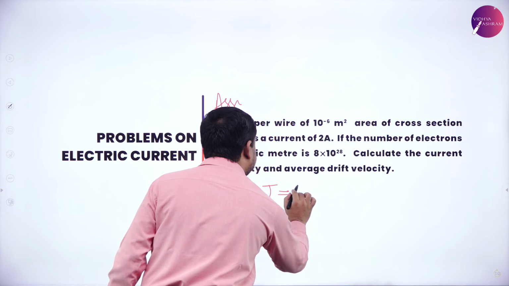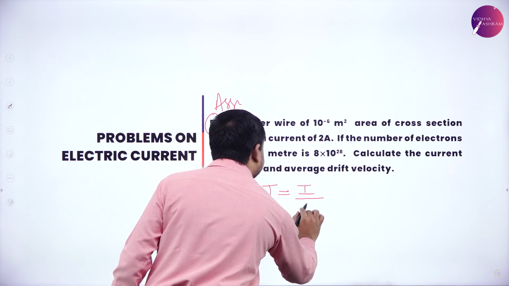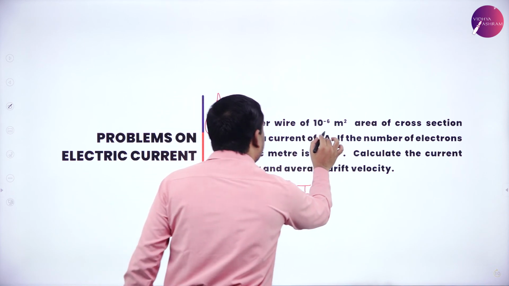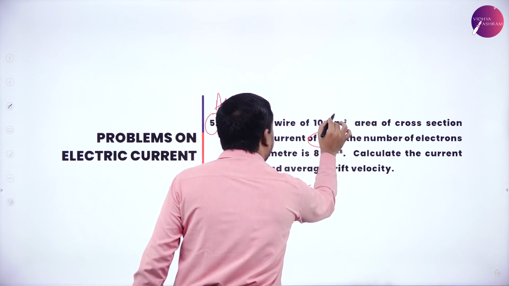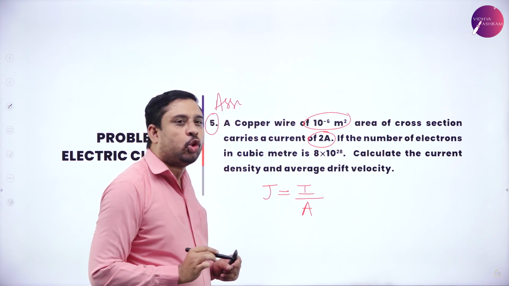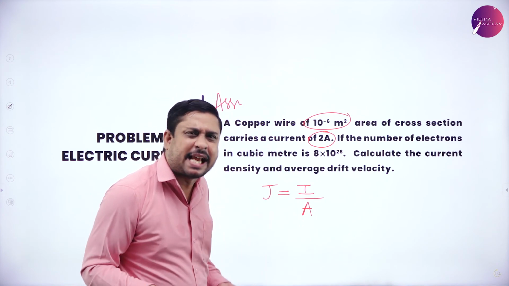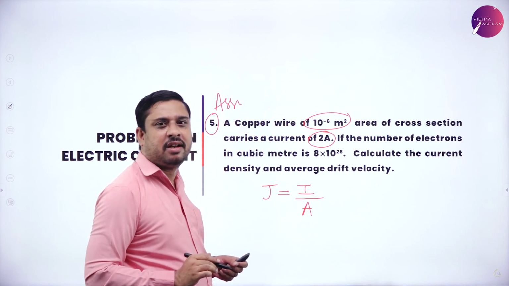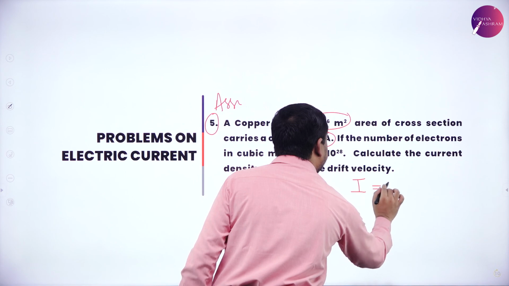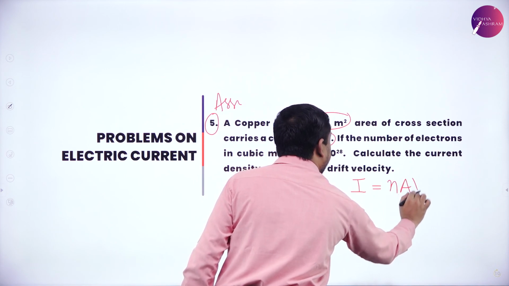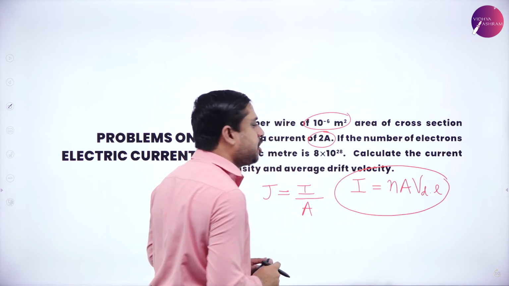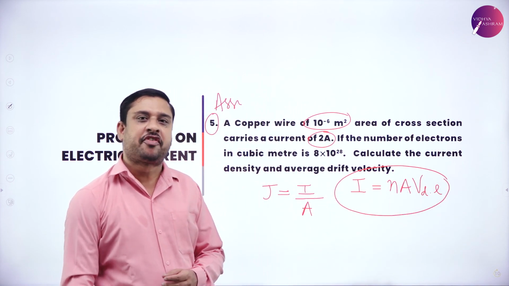Current density J is I divided by A, where I is 2 amperes and A is 10 power minus 6, so 2 into 10 power plus 6. And for drift velocity, I equals N A VD into E. Use this, substitute, and you get the value.